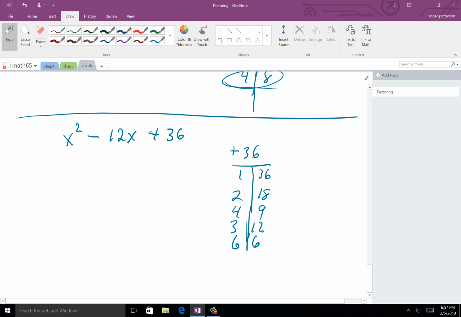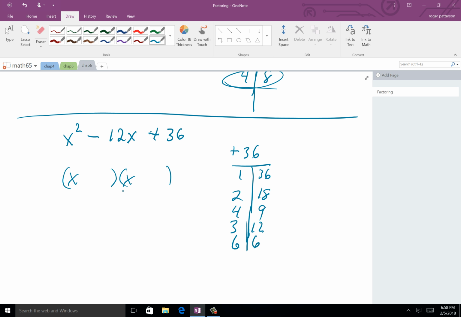So now we got to find the one that works. It's going to take parentheses, parentheses, x, that's the easy part. Which one works? 6 and 6, all right? Because again, this is a plus. So see, I knew I put plus there. I was so used to doing it. Plus, you got to add up to 12.